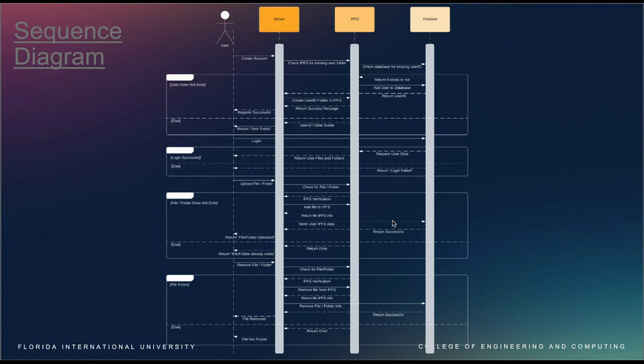Then, of course, we return successful, and we return file uploaded with a JSON object representing the directories. This is just a representation of how things work, and it is quite a mouthful to say, but on the back end, this is how it works in a nutshell.